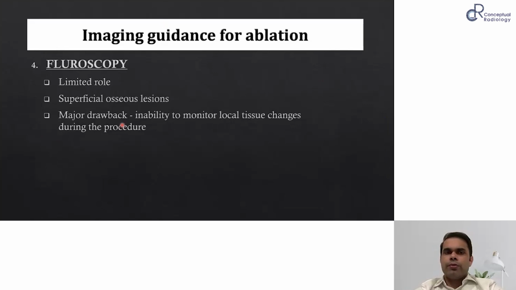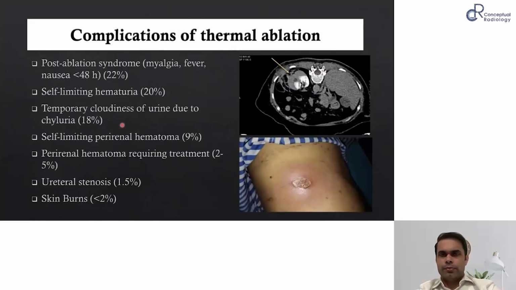Fluoroscopy has a limited role basically for osseous lesions like osteoid osteoma, where either CT or fluoroscopy can be used. So even in that, we finally end up using CT, which is much better. Otherwise, for some bony osseous lesions, you can try fluoroscopy, but it is not a very commonly used technique for doing the procedure.